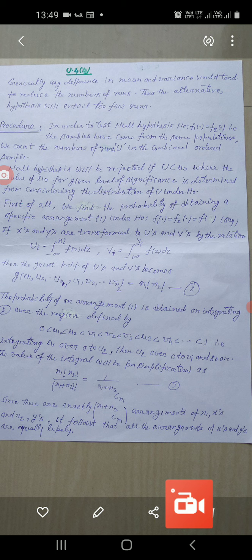This type of experiment, where the chance of happening of any event is equal, is known as an equally likely experiment.